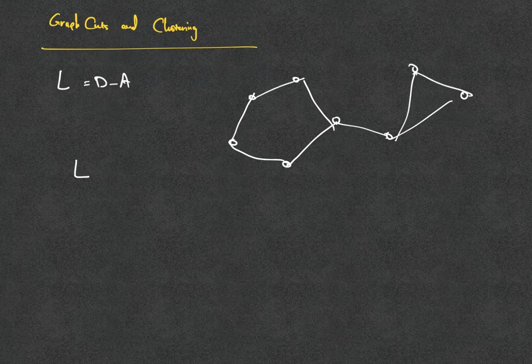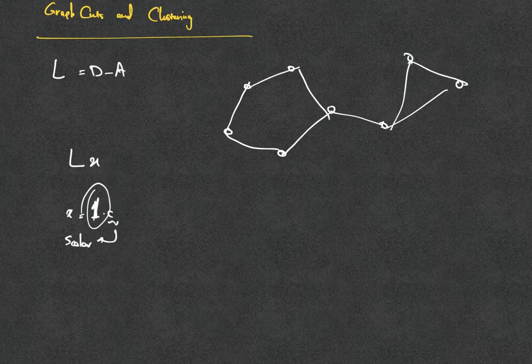Let's say you want to consider the null space of L, and based on what we discussed in terms of the definition of L, we knew that if this is a scalar, the null space of L, this would be a basis vector for it, and the dimension would be 1.